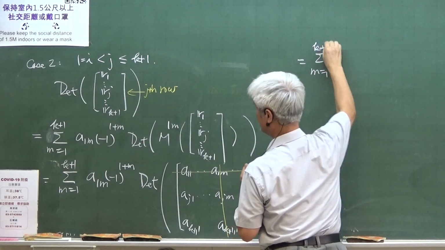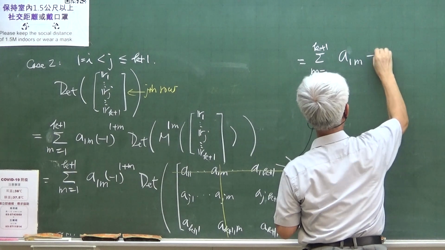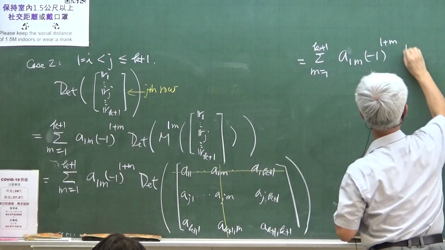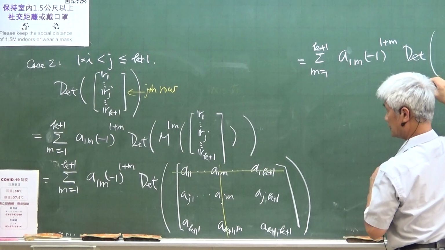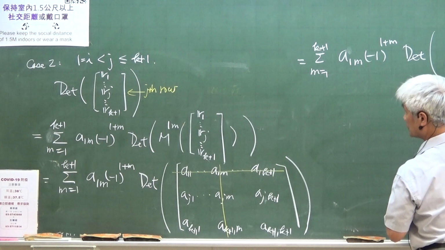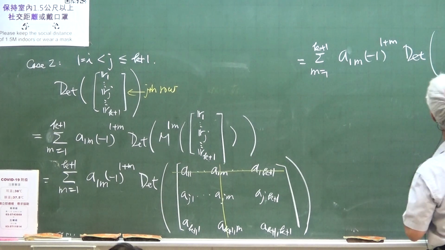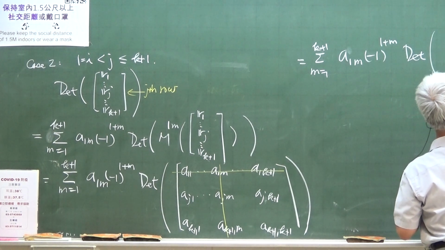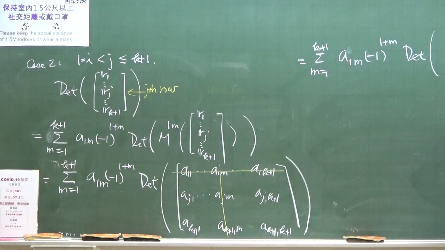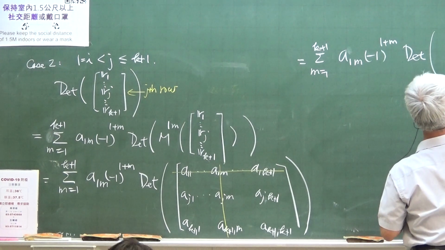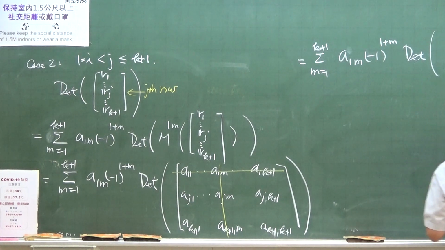Row 1, k plus 1, and determinant. So I have a21, a2 n minus 1, a2 n plus 1, a2 k plus 1, and so on down to a k plus 1 1, a k plus 1 n minus 1, a k plus 1 n plus 1, a k plus 1 k plus 1.